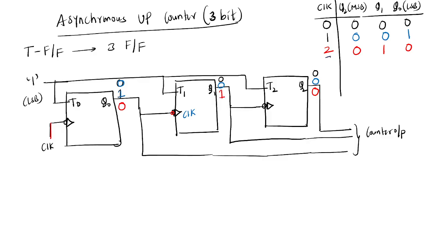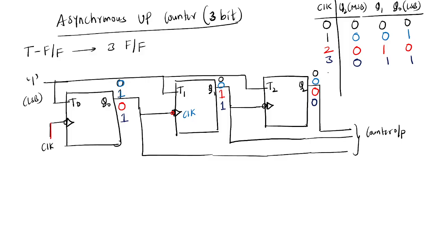At the third clock pulse, what happens? Again this will toggle, 0 to 1, which is a positive edge, so the next stays in the previous state. What is the previous state value? 1. There is no transition, so it is not active. So this is 0 1 1.